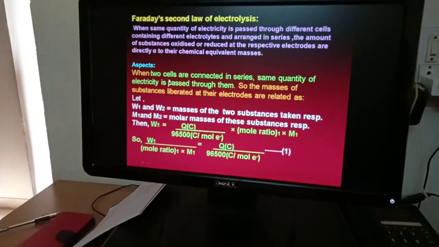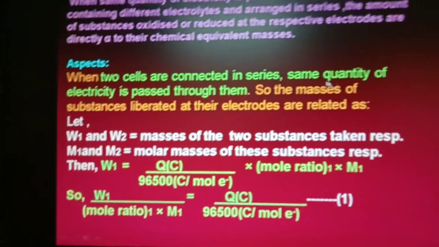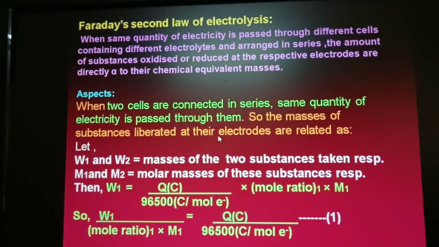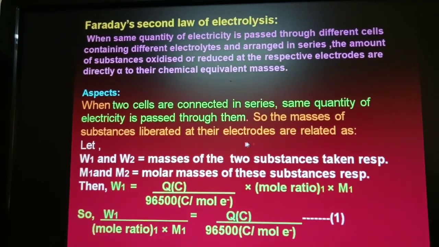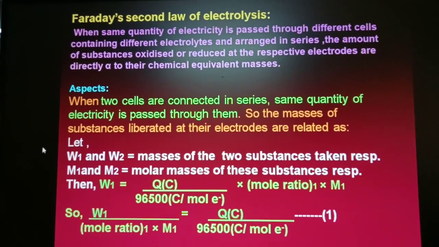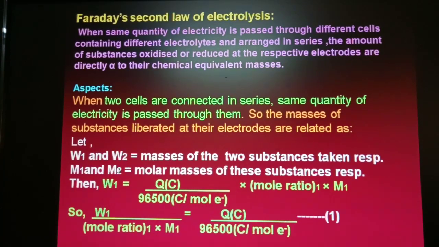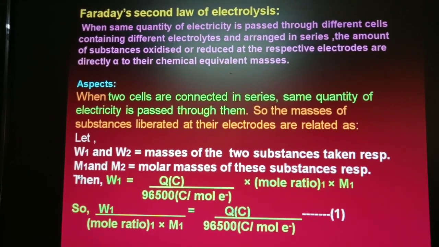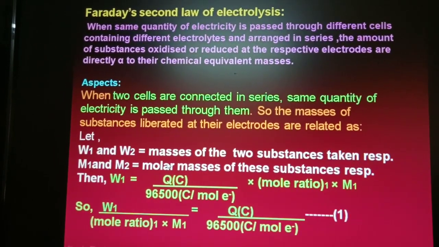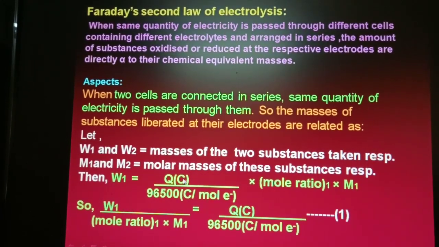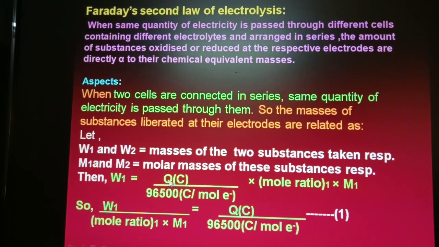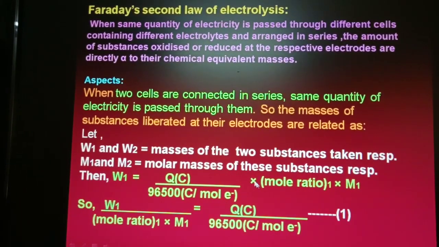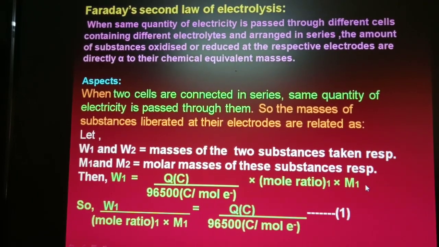Now, the specifics. When two cells are connected in series and the same quantity of electricity is passed through them, the masses of substances liberated at their electrodes can be related as follows. Let W1 and W2 be the masses of those substances, and M1 and M2 be their molar masses. Then W1 = Q upon 96,500 multiplied by mole ratio 1 multiplied by M1.